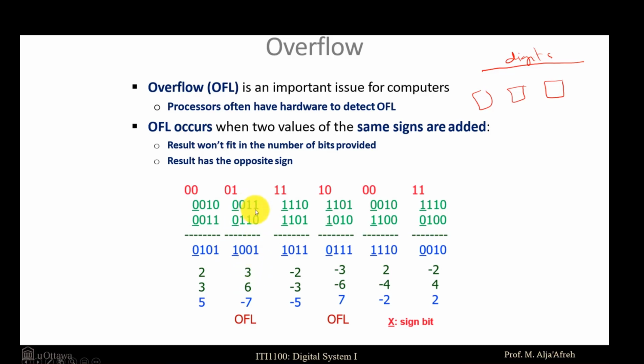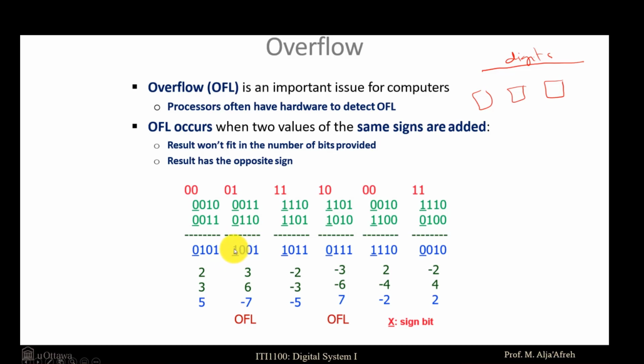Once we add them together, that will give you 1001. So this is 9, but since we have the most significant bit as a sign, that is -7. Okay, that is not 9, because you remember, guys, we have a limited 3-bit full adder, and the most significant bit here will represent the sign.